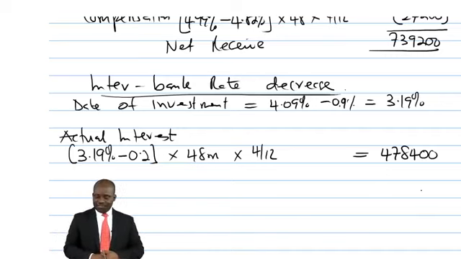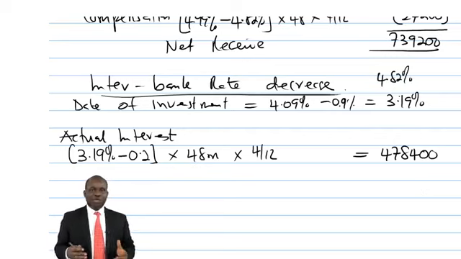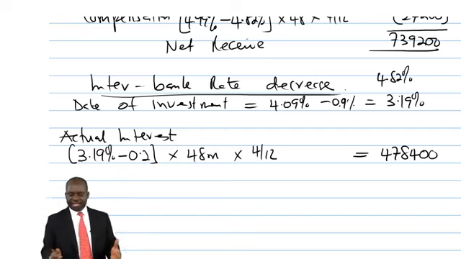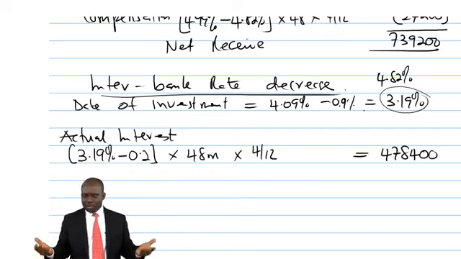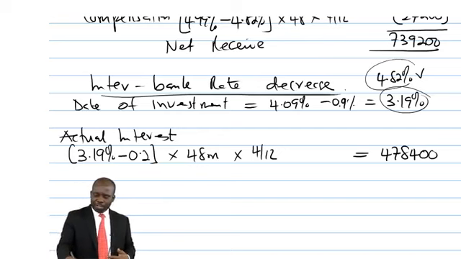I need to activate the agreement. What happened? We fixed the rate at 4.82%, but on the day of me going to invest, the rate is 3.19. I received less than what I was supposed to receive, so the bank should top me up to bring me to this point.